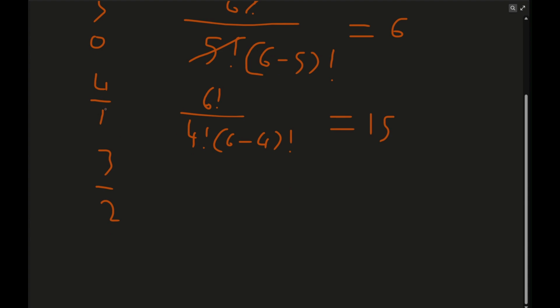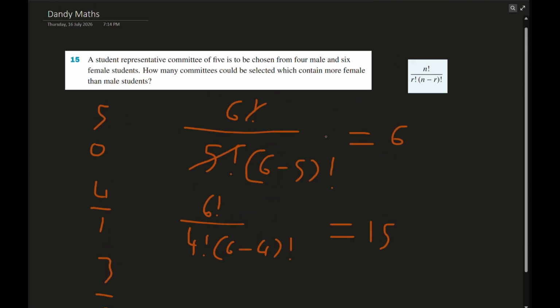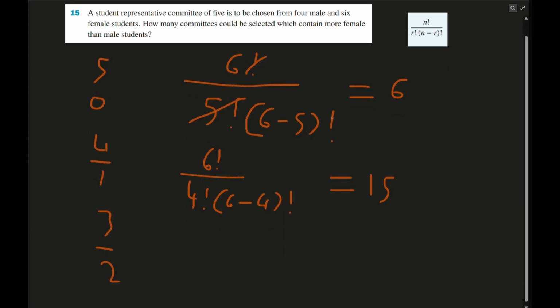Now the next stage of this is you have to choose 1 male. So when we go to pick the 1 male, it's 1 out of 4.